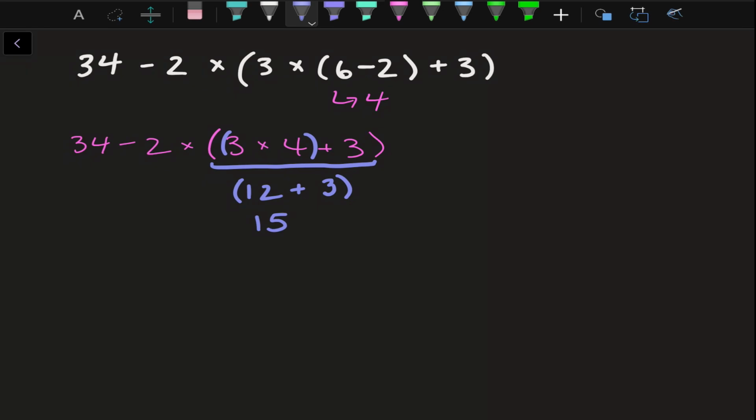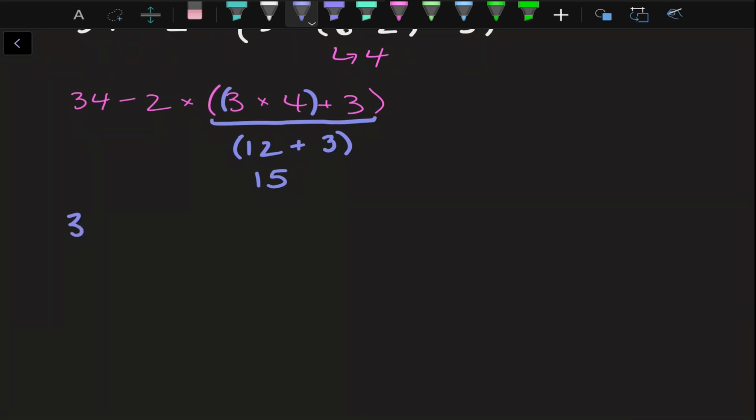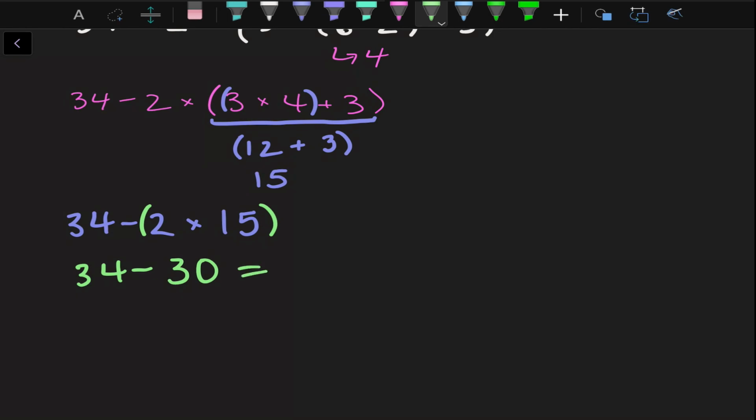Okay? So now for this next step, I have 34 minus 2 times, in our brackets we found 15. Now go back to BEDMAS. No brackets, no exponents, no division, but we have some multiplication here. So that's our next step. 2 times 15 is 30. So we end up with 34 minus 30. And of course this is the last thing left, so we can go through with that. And the answer is 4.